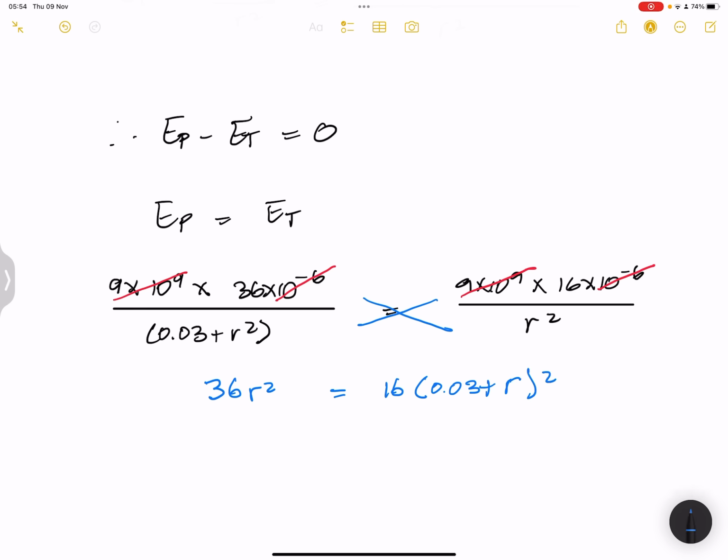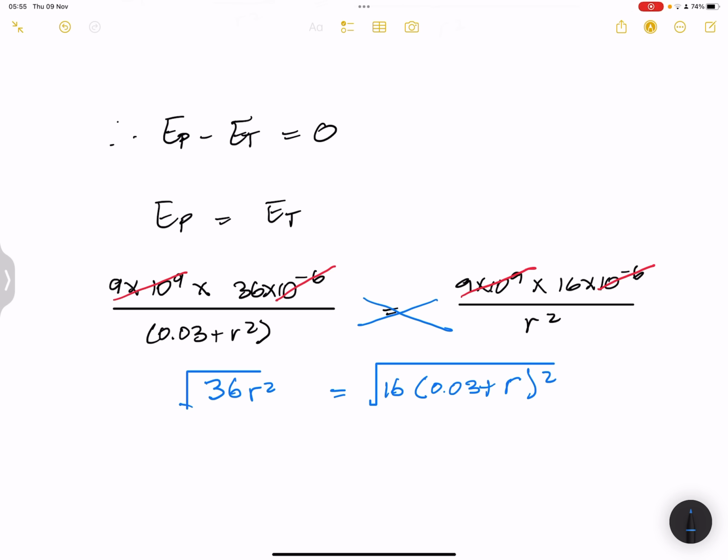Now, ladies and gents, I'm not going to waste time here. Can you see that both of these, on the left and on the right, are perfect squares? So I'm simply going to take the square root on either side. Remember, what I do on the left, I do on the right. This will make it easier for us to solve.